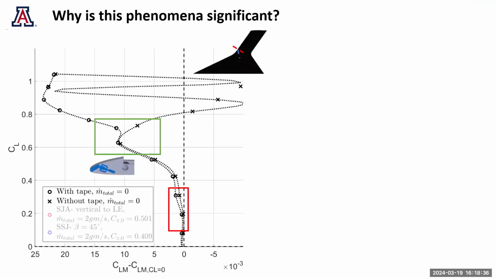Now, if we continue looking at the same lift versus pitch moment plot, the black curve with circle markers was the one that we looked at earlier. Just on the outer wing, just outside of the crank at this red mark region, if we have a slot which is 0.05 inch thick, or 1.27 millimeters thick, so a very tiny slot, that can significantly impact how the pitch behaves at this particular alpha range.